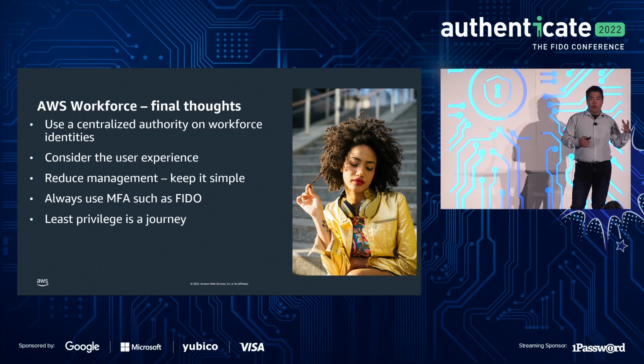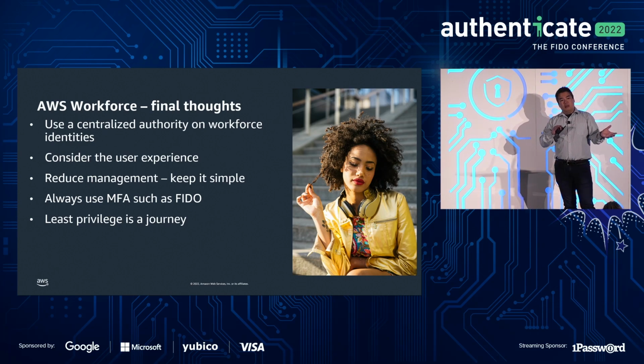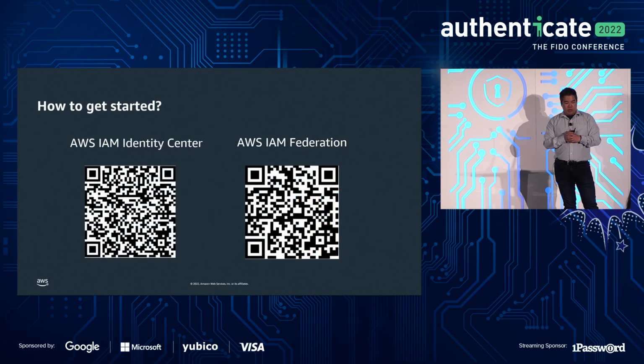The more secure, the more least privilege you get, the higher the security management gets. So that's something to keep in mind, and it's something that you want to journey through, and take away these 5 elements. If you want to get started, I'm going to leave this up for a couple seconds: get started with AWS Identity Center or AWS IAM Federation.